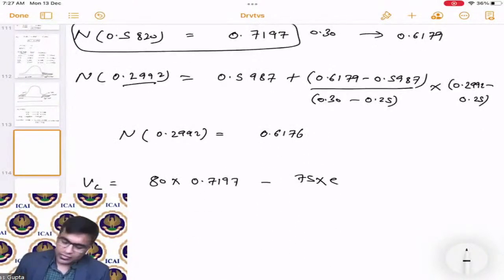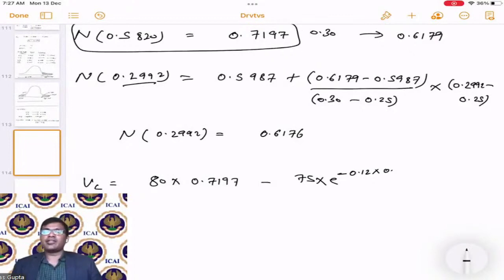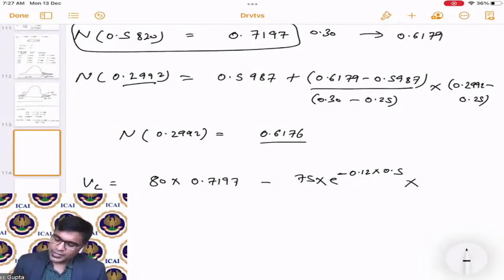R is 0.12, multiplied by 0.5, which is 6 by 12. Why 0.5? It is for 6 months. And this whole multiplied by N(d2), which is 0.6176.